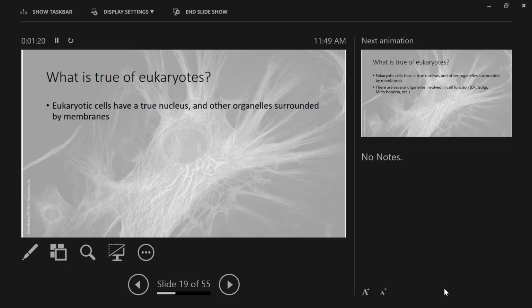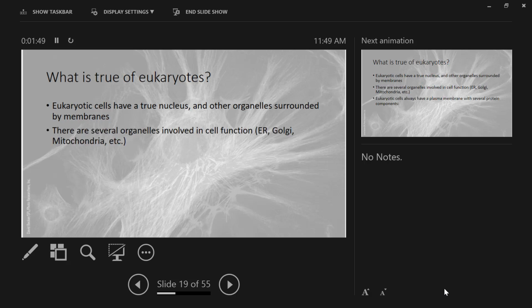In addition to the nucleus, which all eukaryotic cells have, all eukaryotic cells have at least some additional membrane-bound organelles. Now, some of these organelles are found in some eukaryotic cells and not in others. And we'll talk about some of those as we encounter them.